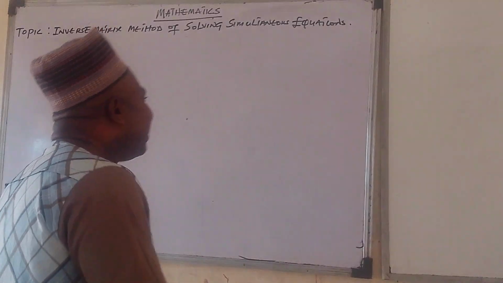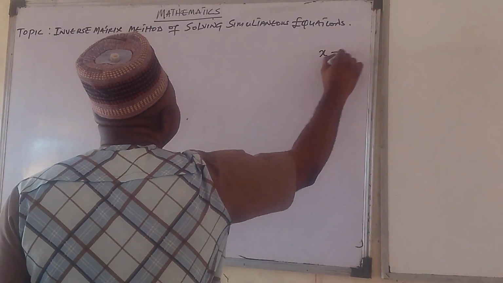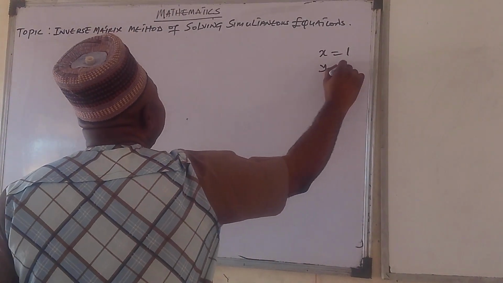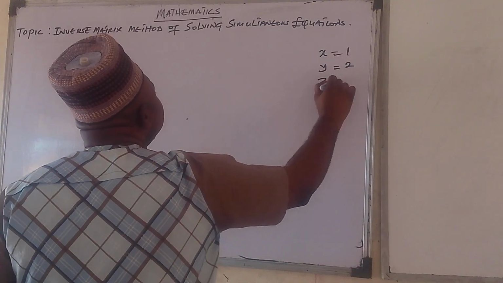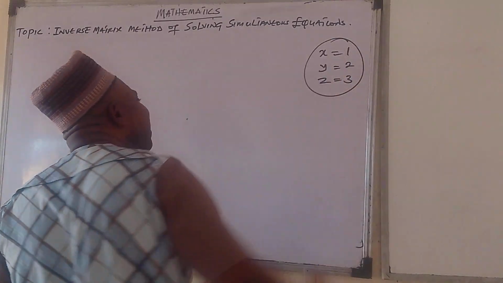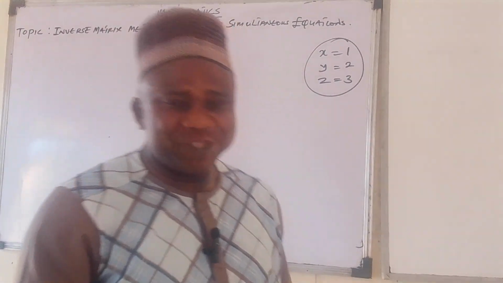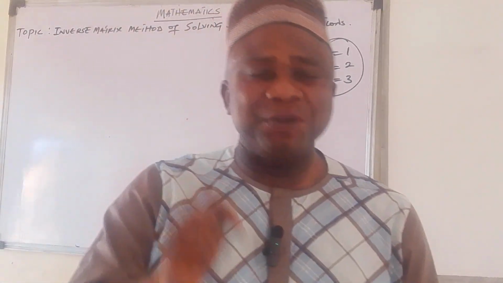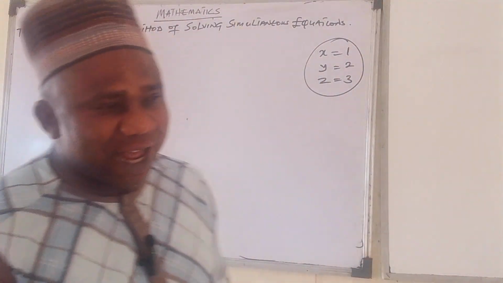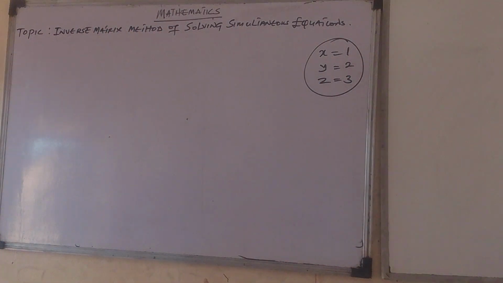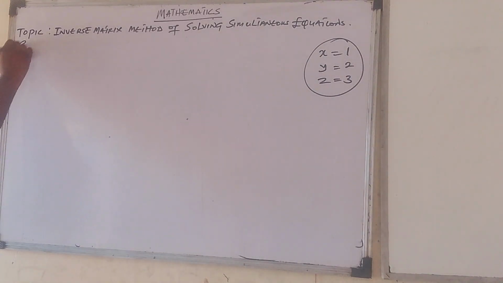So now I'm going to take x to be equal to 1, y to be 2, and z to be equal to 3. I'm actually using this to design my question, and we're going to use the inverse matrix method to analyze the question.